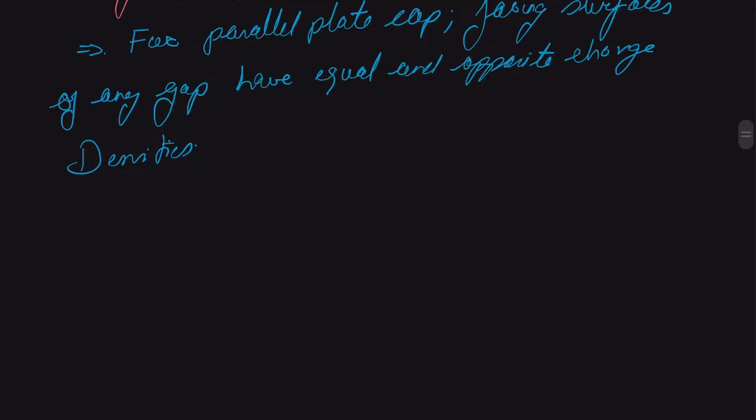So specifically in terms of our parallel plate capacitor, we can write that the charge density of the first bottom should be equal to the negative of the charge density of the second top, because they are facing each other.